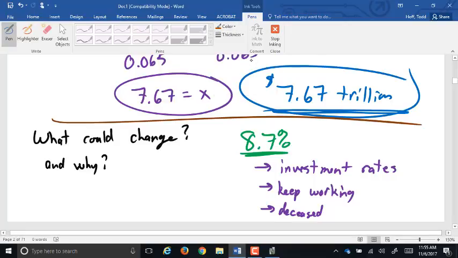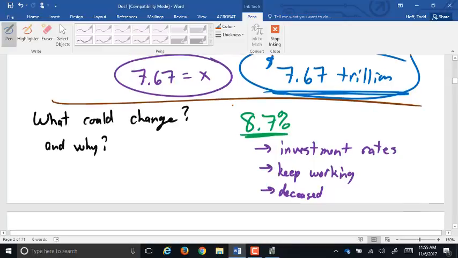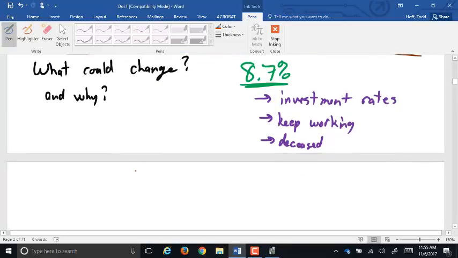Now, what are some things the government could do to change this? We could kill more people. I mean, it's true.